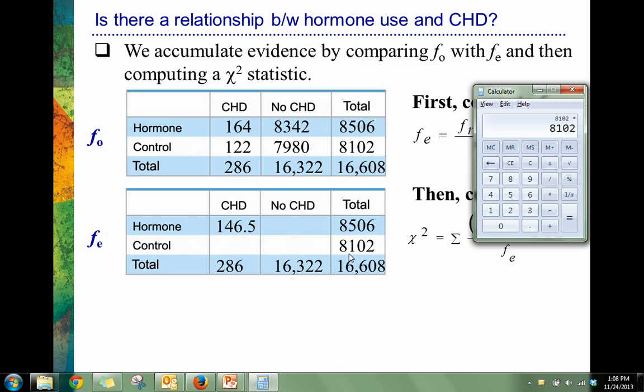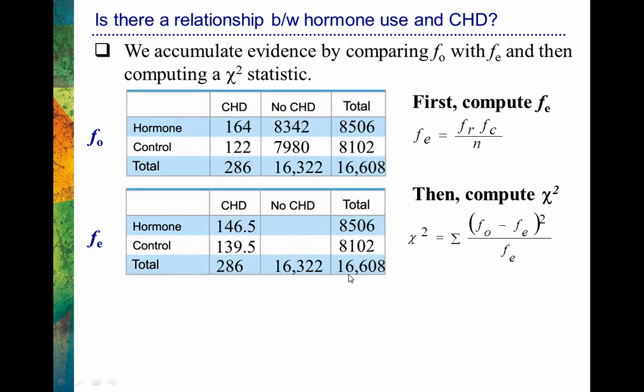We're going to multiply that by the appropriate column total, which is right here, 286. That equals an enormous number. We'll just leave that right in our calculator, and now we will divide by our overall n, 16,608. That equals 139.52. Again, let's just call that 139.5. So we stick that in.